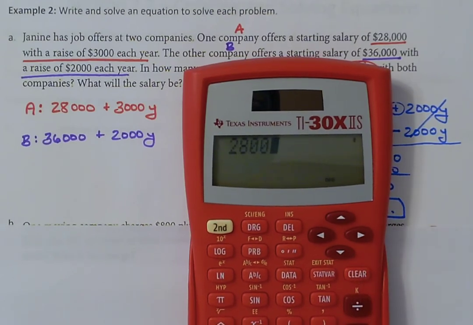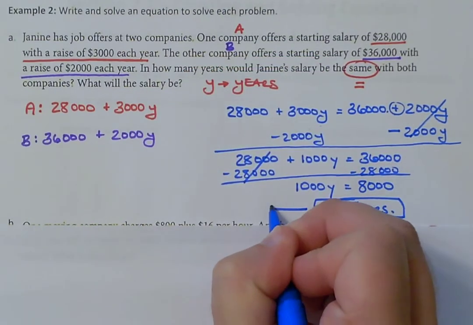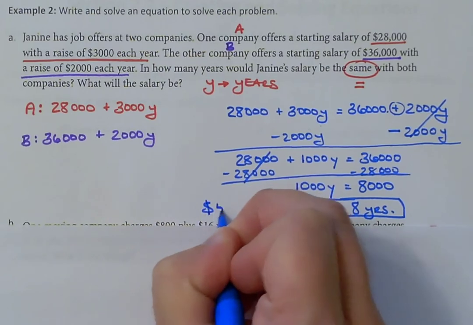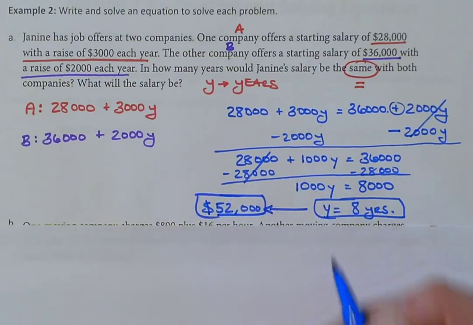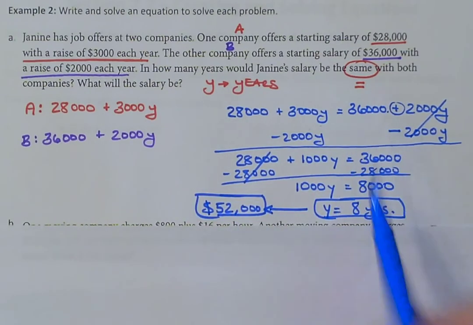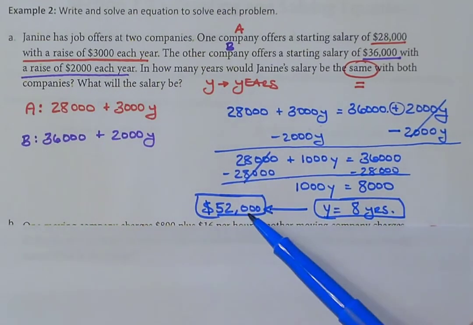So we're going to take 28,000 plus 3,000 multiplied by 8, and we hit enter, and we end up with 52,000 as the amount. So that is the second part. In 8 years, Janine will make the same at both companies, and the amount that she'd be making in 8 years is 52,000.